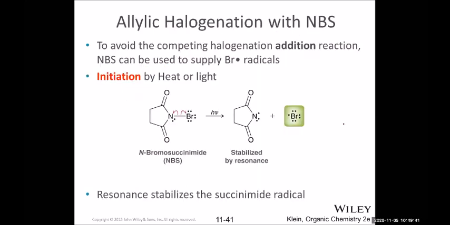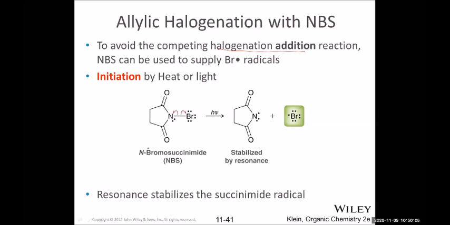And to avoid the addition reaction, we try to get rid of the Br2. Because once you use Br2, there's a possibility you get the bromine addition reaction. So we use NBS to produce the bromine radicals.